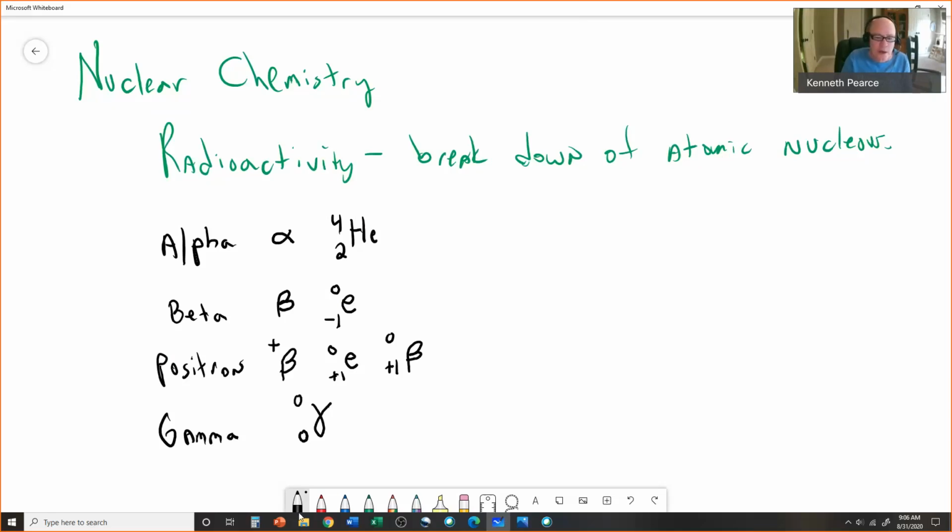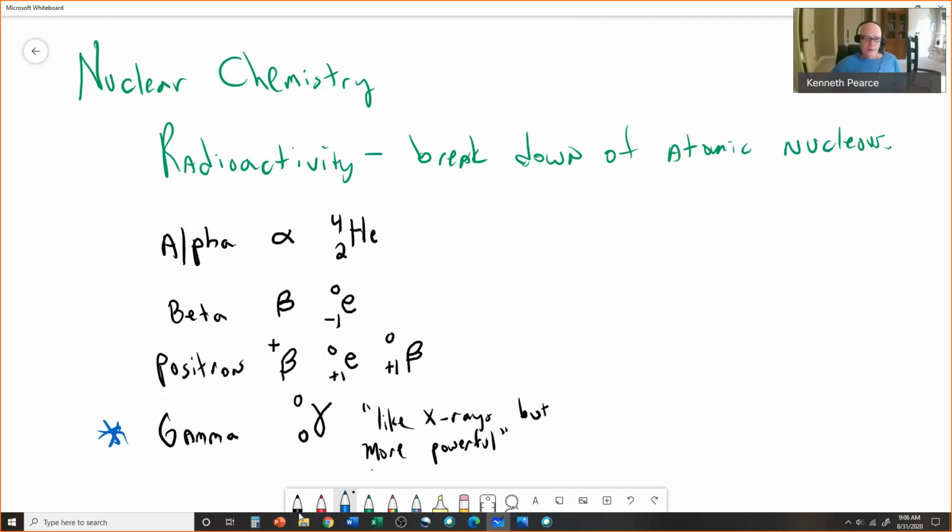And this is like X-rays, but way more powerful, or energetic is another way of saying it. So out of these four particles, gamma rays are the most powerful out of all of them.